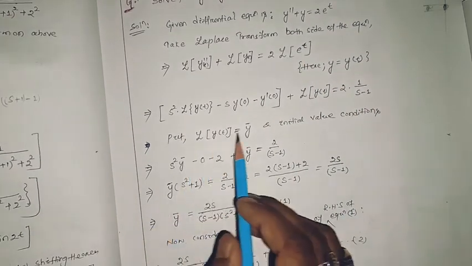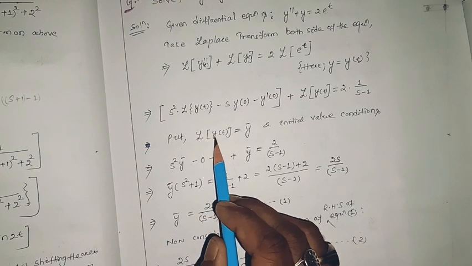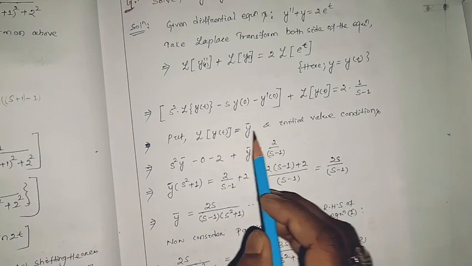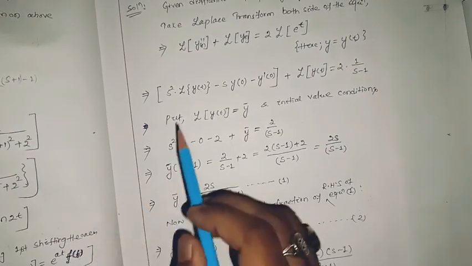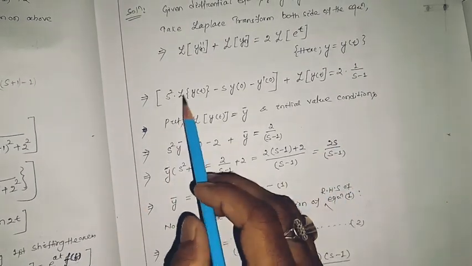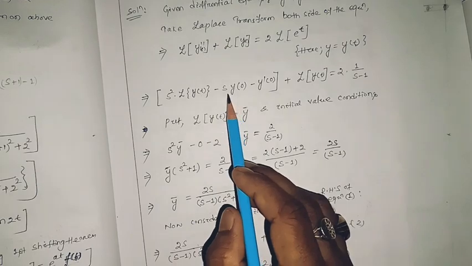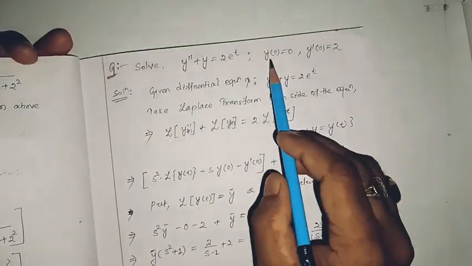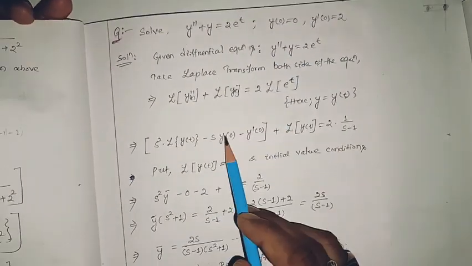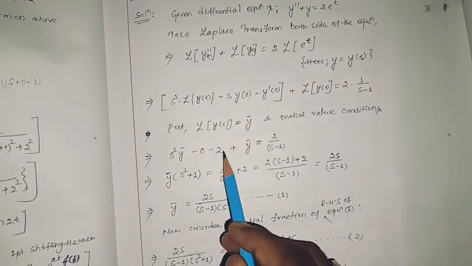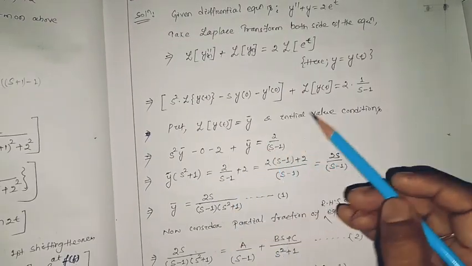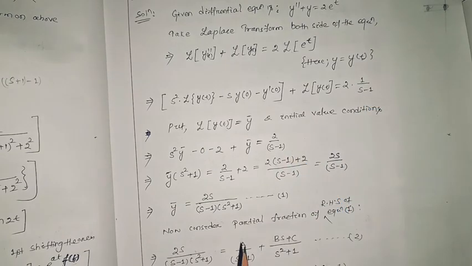Now we have to just put the Laplace transform of y(t) equal to y bar, and we have to use the initial value conditions at the same time. So here s squared y bar minus y(0), which is given 0, so this term will be 0. y'(0) is given 2, so minus 2 plus y bar equal to 2 by s minus 1.